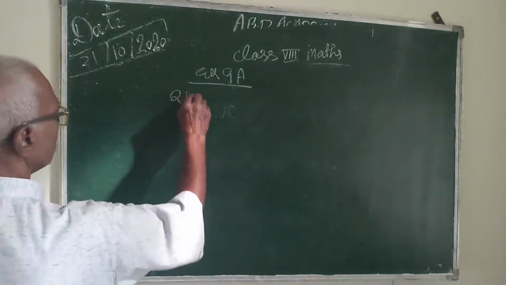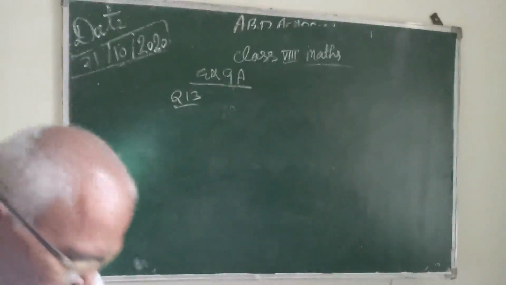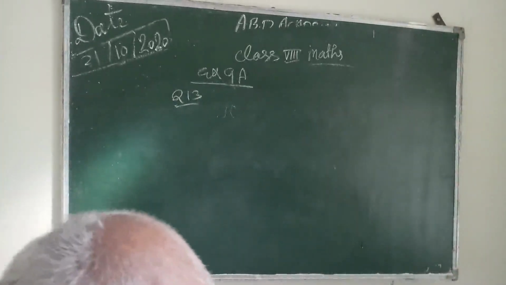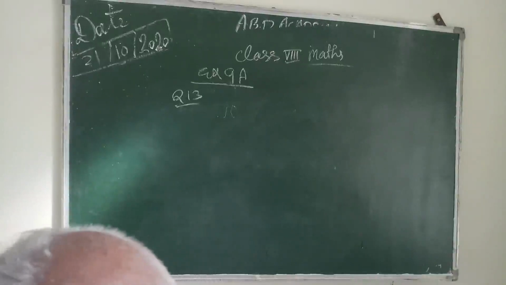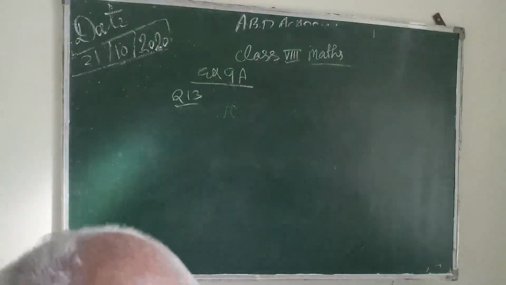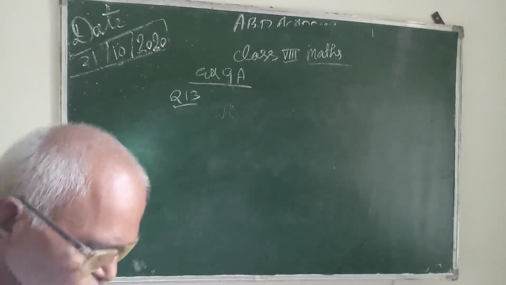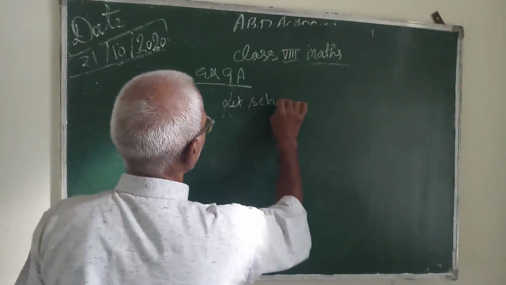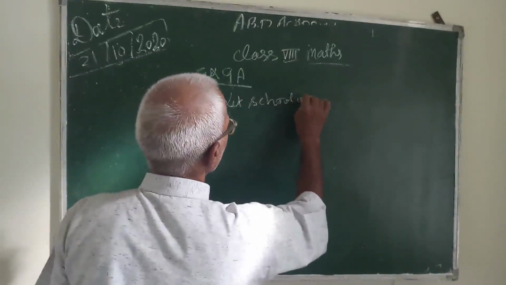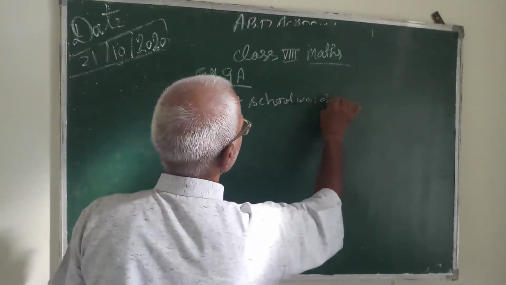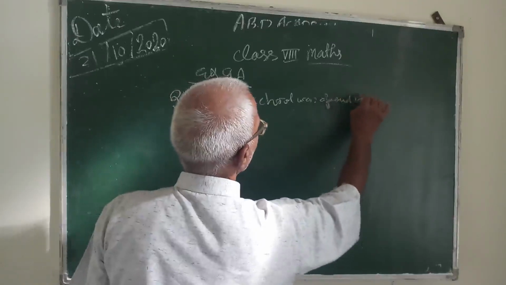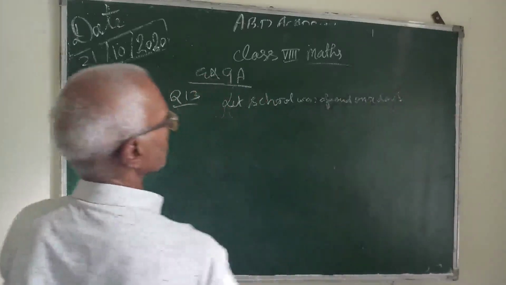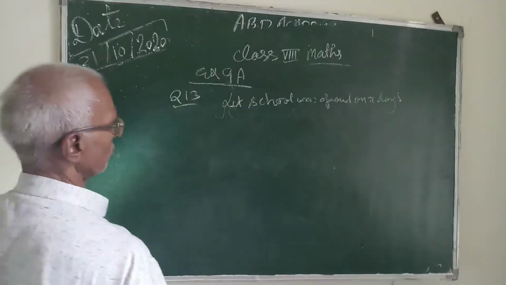Question number 13. Sonal attended her school on 204 days and her attendance is 85% of the number of days on which school was opened. Let the school be opened on X days. How many days the school worked is not known.